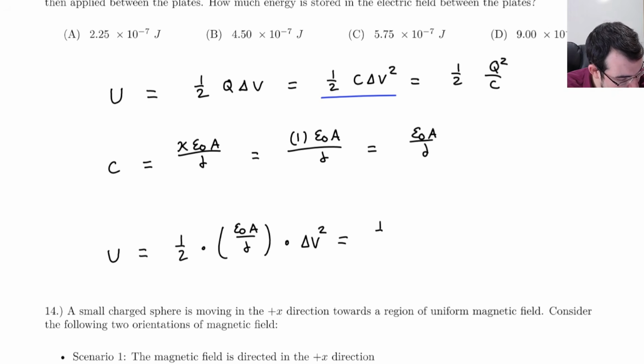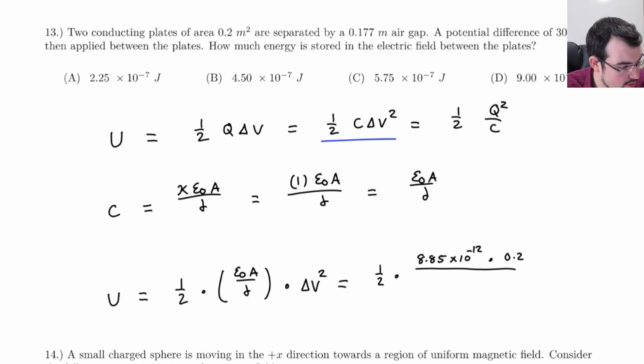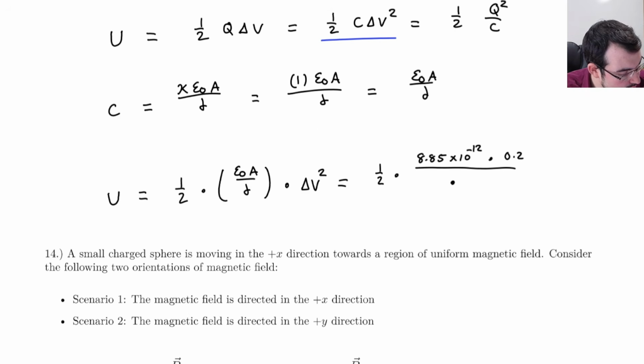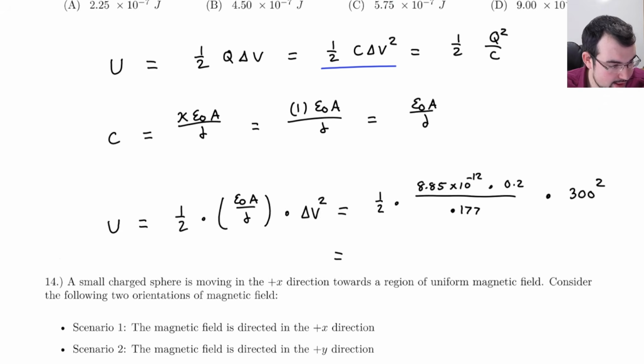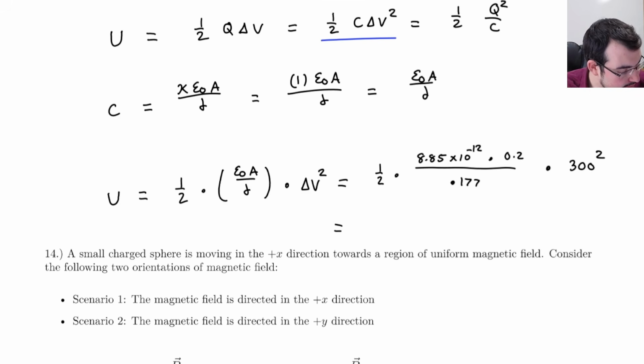So we just get 1/2 times epsilon naught times plate area divided by plate separation times the potential difference squared. And you can trust that I have plugged that in, and I am getting answer choice B.